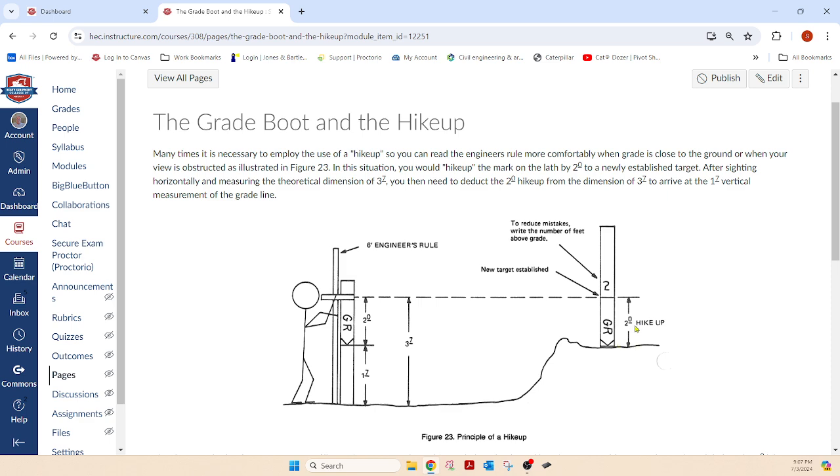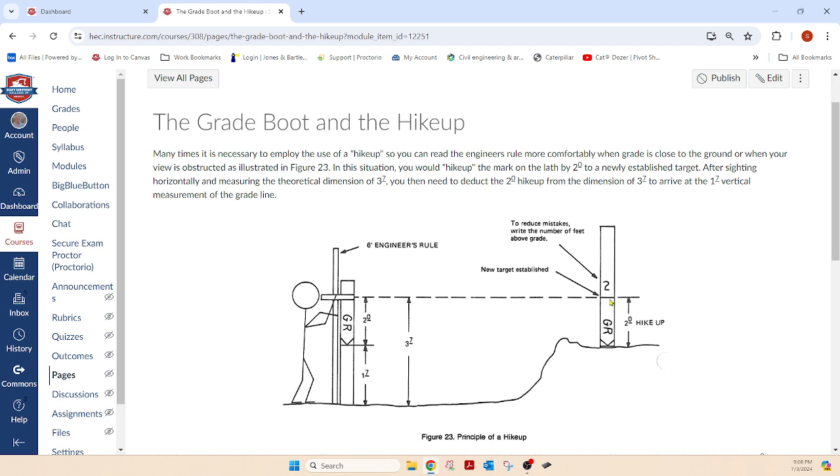What I can do is measure up 2 feet, take a shot at this 2 foot line, and what am I going to read over here? Don't know. But I have to know that I need to make a mark.